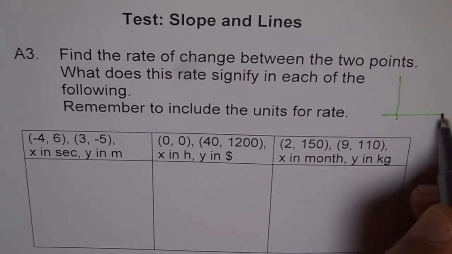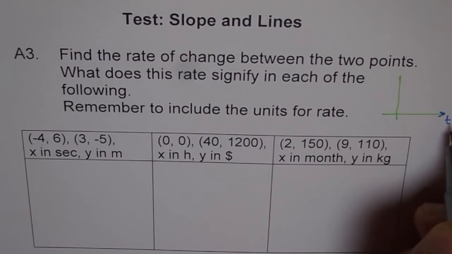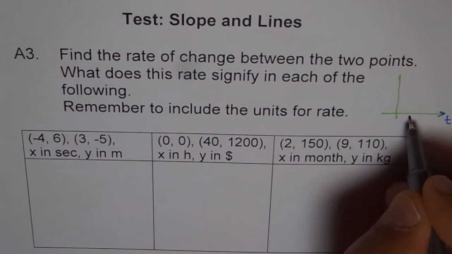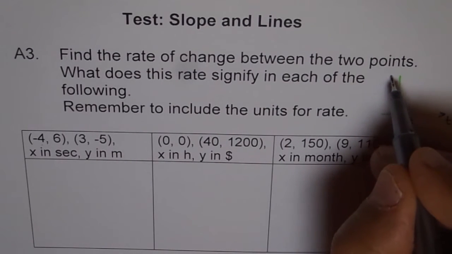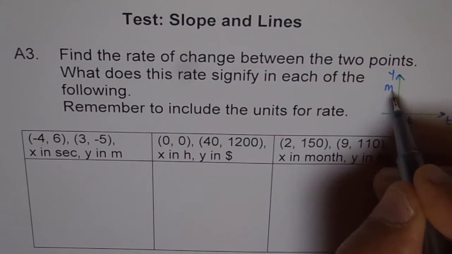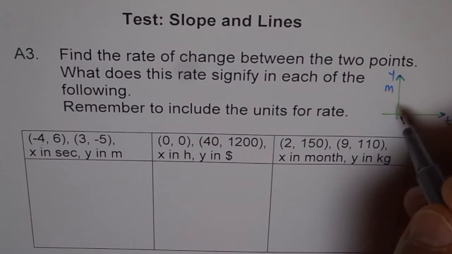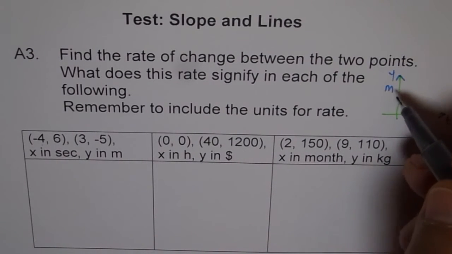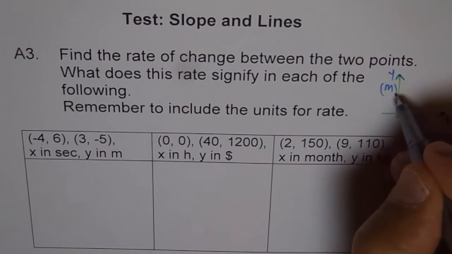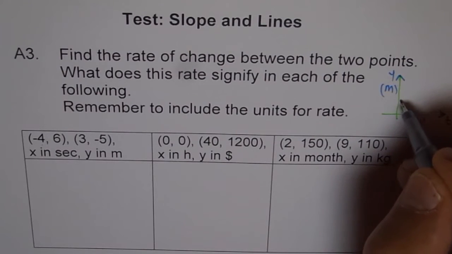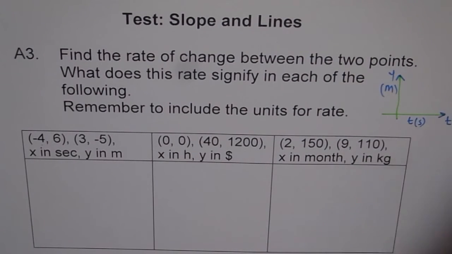That means along the x-axis we have time t in seconds, and y is in meters. So when you find the slope, the slope will be meters per second. Rise is in meters and time, which is run, is in seconds. So that is how the rate is going to be.